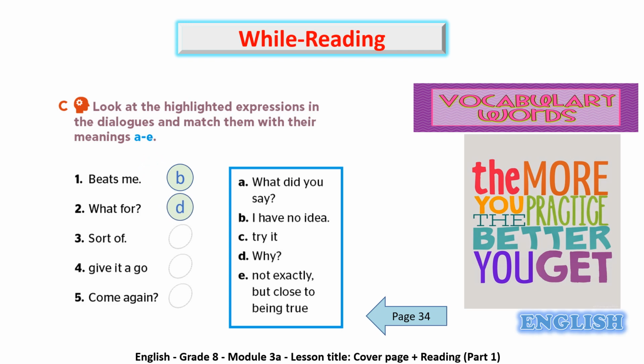D. Why? 3. Sort of. Amazing. E. Not exactly, but close to being true. 4. Give it a go. Correct. C. Try it. And finally, come again. Of course. A. What did you say?